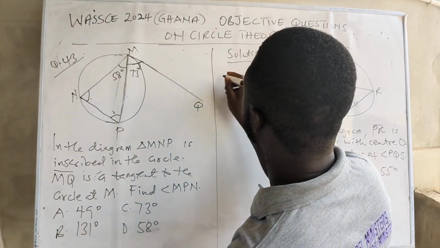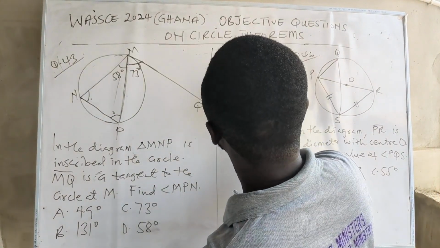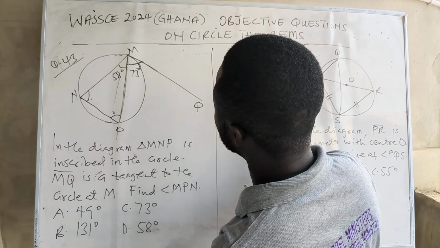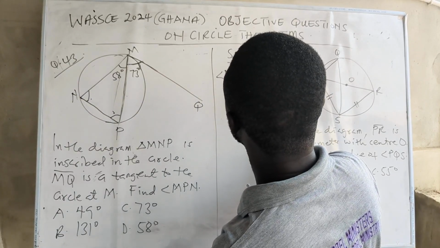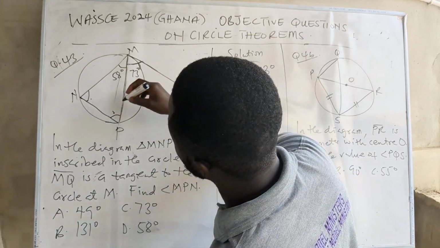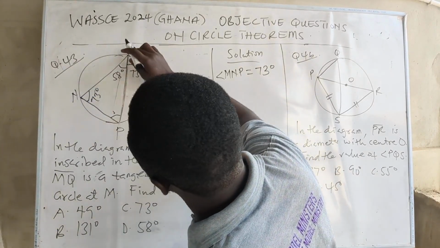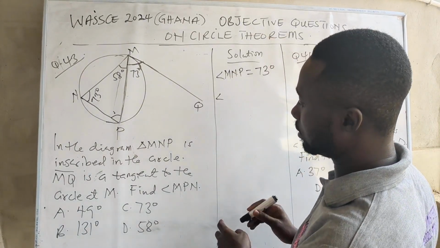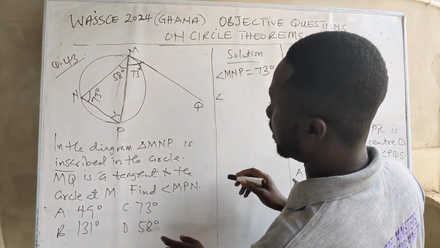So what we can say is that angle MNP is also equal to 73 degrees. So here is 73 degrees, angle MNP. And then we are finding angle MPN.